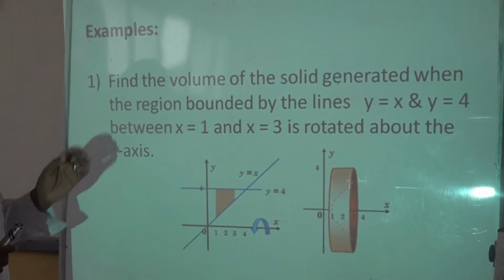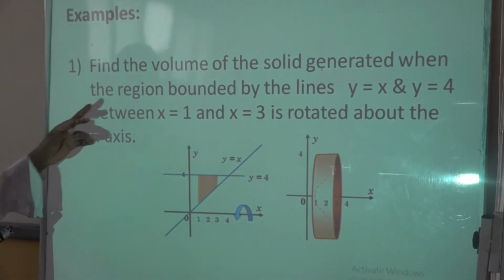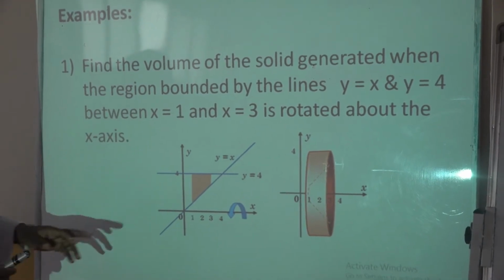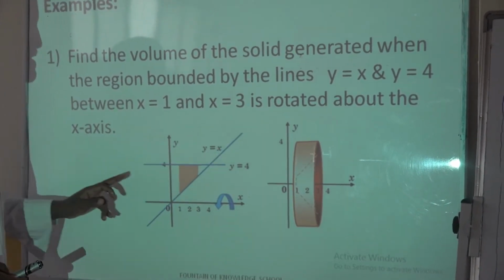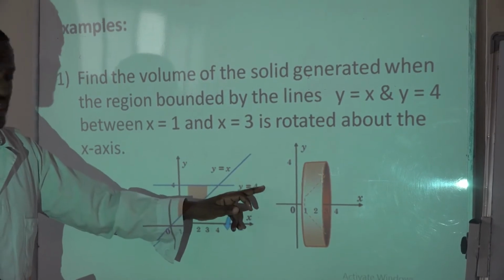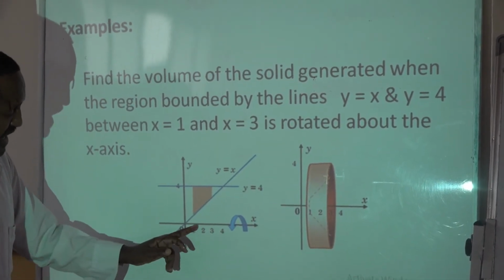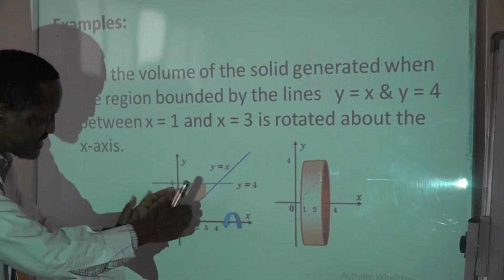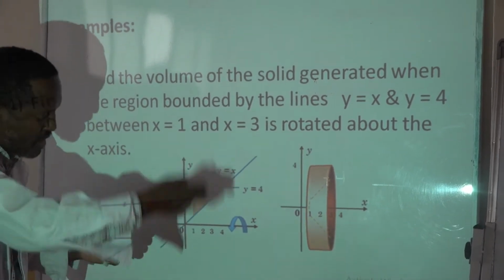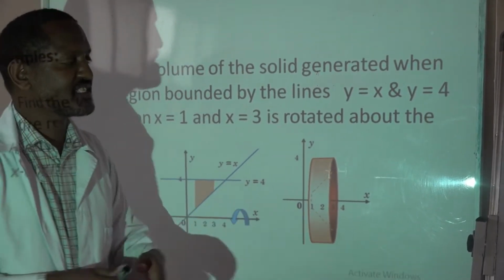Example 1 says, find the volume of the solid generated when the region bounded by the lines y equals x and the horizontal line y equals 4 on the interval 1, 3 is revolved about the x-axis.